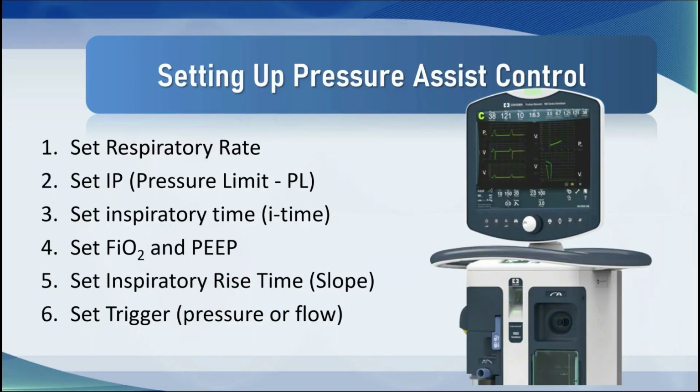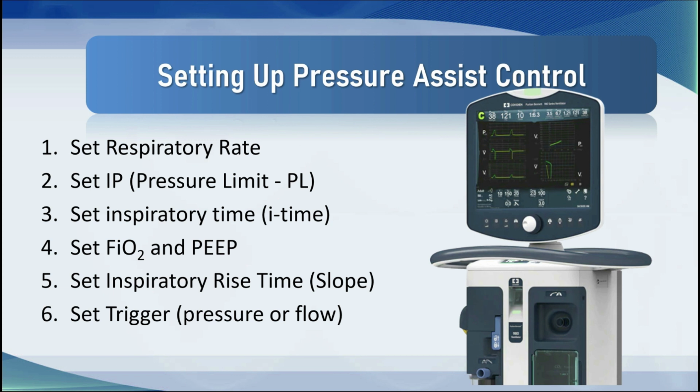These are the parameters that you adjust when you are setting up pressure assist control. Firstly, you set up a respiratory rate because this is a control mode of ventilation. Then you set an inspiratory pressure. From that you derive the pressure limit, which is the PEEP plus the IP. Being pressure control, you must have an inspiratory time.